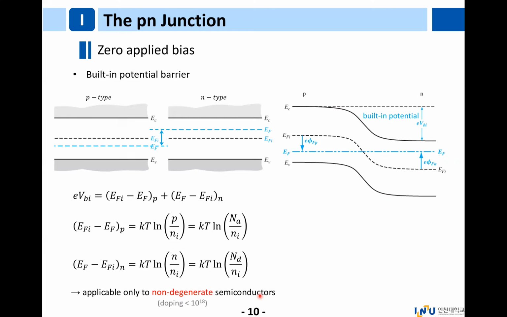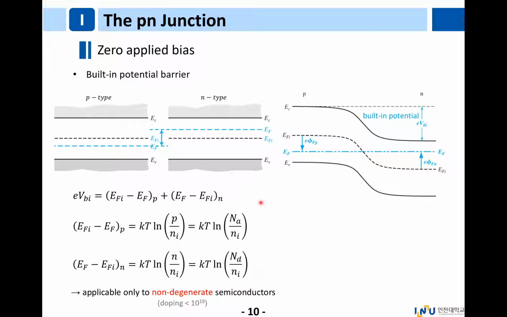Beyond this limitation, doping cannot ionize the dopant. Highly doped semiconductors with concentrations greater than 10 to the 18th power are termed degenerate semiconductors, right?